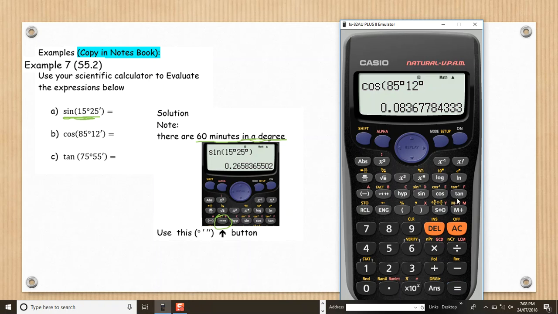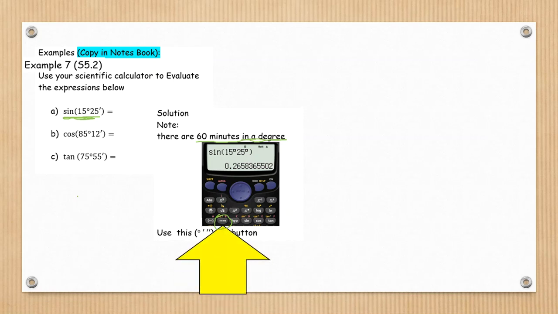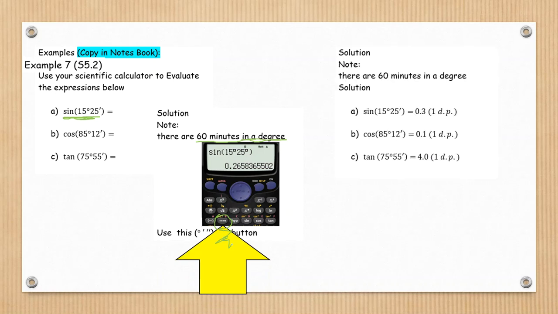And the last one, tan 75 degrees 55. So the button is here on your calculator, and round your answers to one decimal place.